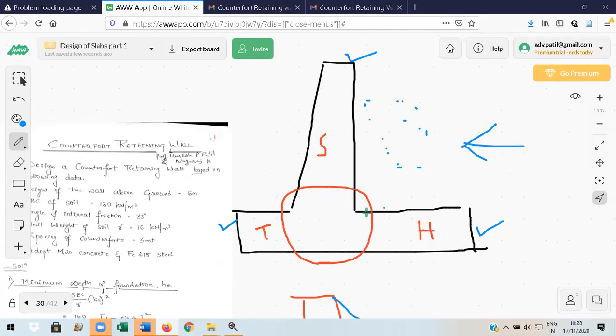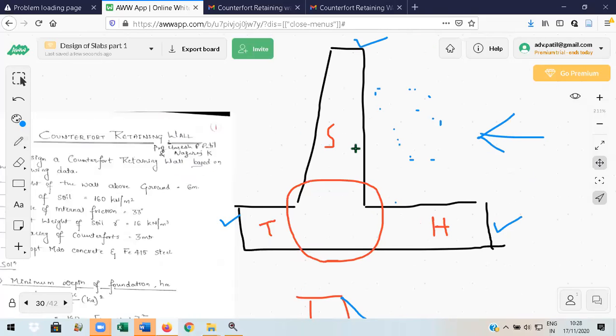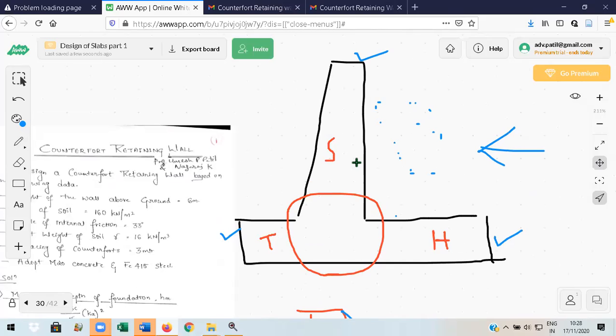Now here, how to design any RCC member, you know it very well. Here these three slabs are there, that's all. One is a vertical slab, which is stem. Two are horizontal slabs. Now the bending takes place.